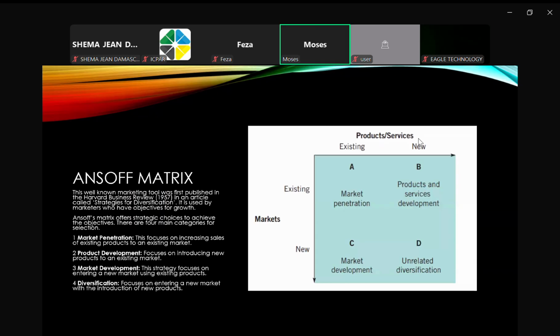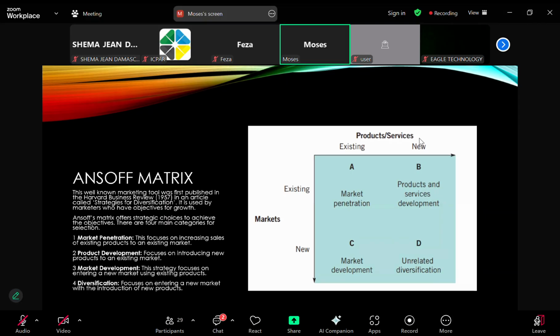Starting with the corporate level strategy, we have a model that can help you establish a company's corporate strategy by deciding strategic options or a strategic direction that a company may take.